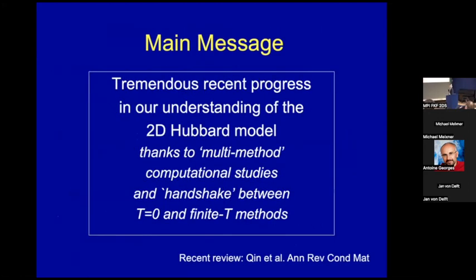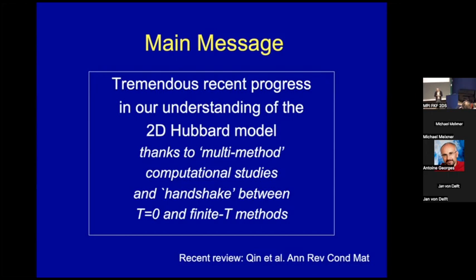The main message of the talk, and some of you may want to go to sleep after that slide, is that I will aim at convincing you that there's really been tremendous recent progress in our understanding of the 2D Hubbard model, especially thanks to putting together a number of different computational approaches to address the same physics, and especially to address it by looking at the same region of parameter space with different points of view.